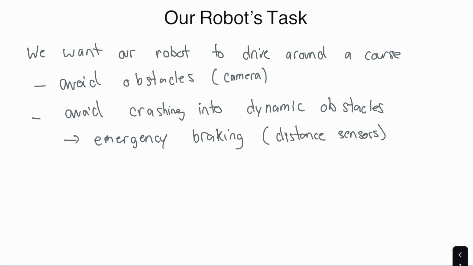And speaking of the cameras, probably the most complicated task we're going to ask our robots to do is to follow signs. We could do this with traditional computer vision techniques, but we're going to use TensorFlow Lite. And machine learning algorithms.